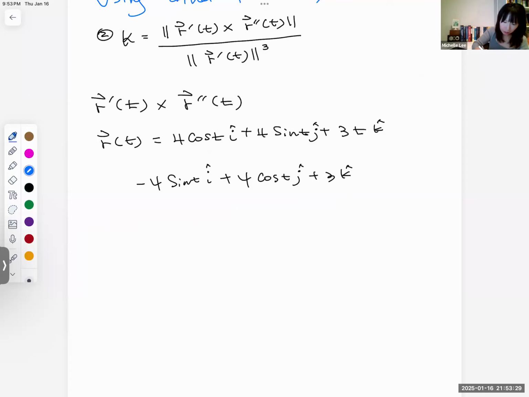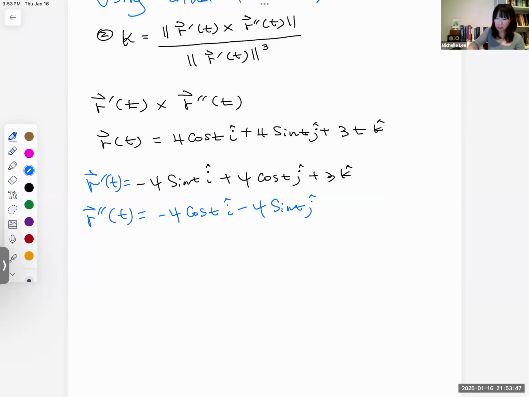And then we have r prime of t, and then r second prime of t, then negative 4 cosine t, negative 4 sine t, 0, right?